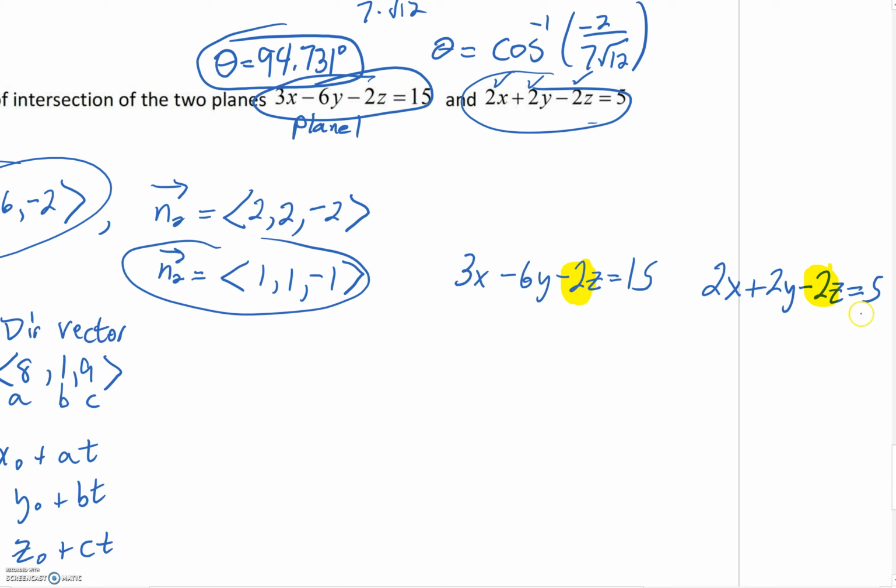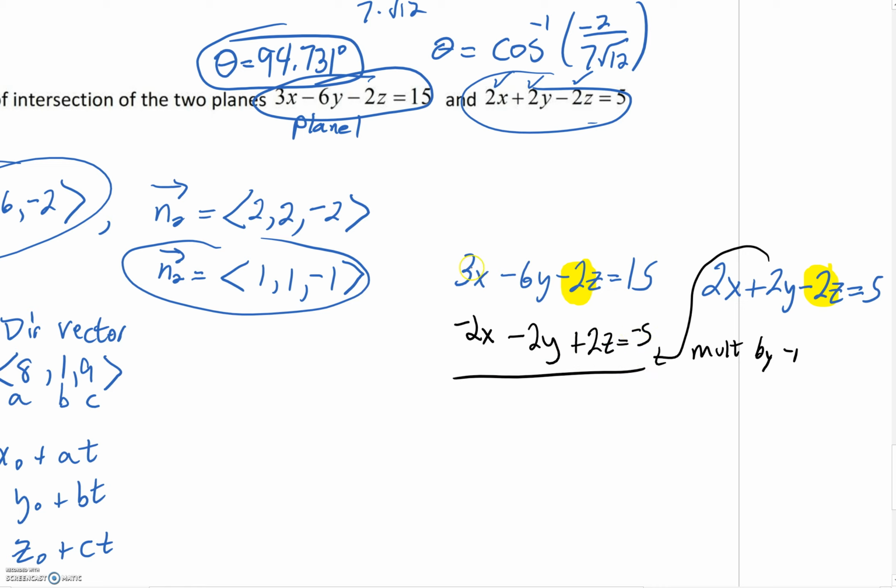We could say, I'm going to multiply the second equation by negative 1. And that would leave us with negative 2x minus 2y, and then a plus 2z, and that would equal negative 5. And that will cross out here. We'll have an x minus an 8y, and set that equal to a 10.